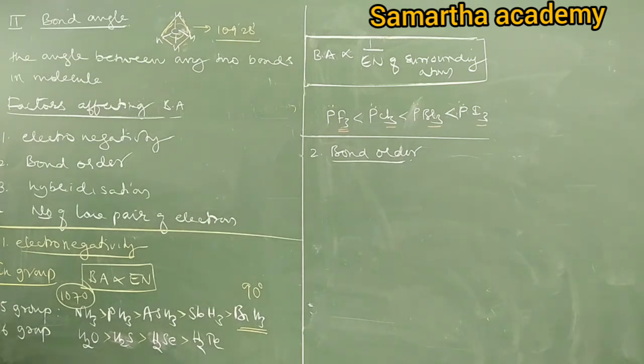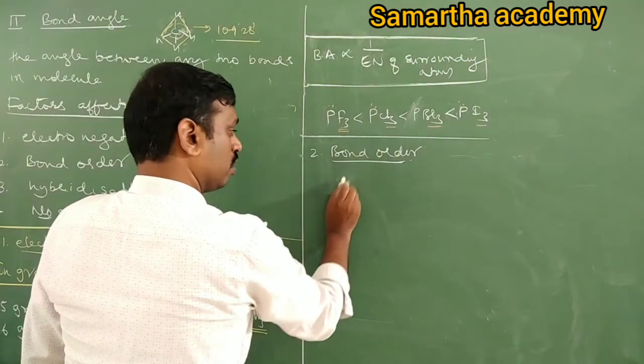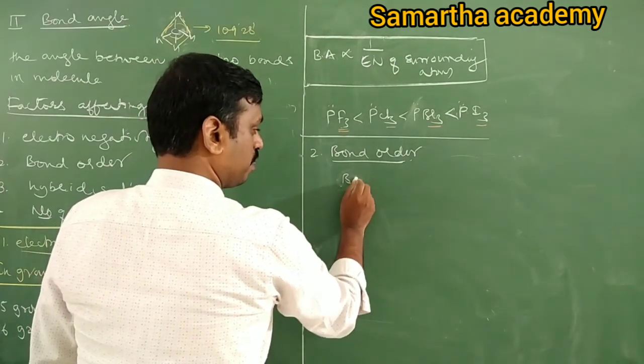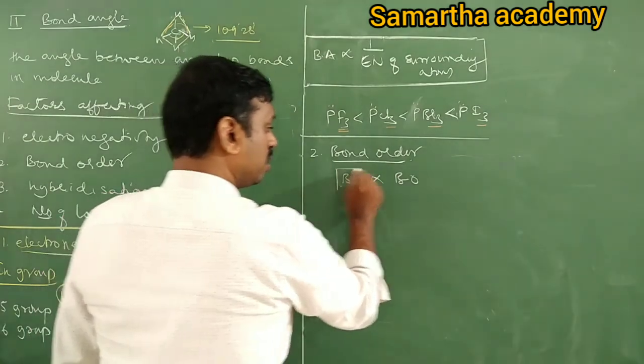Alkane bond angle is 109 degrees 28 minutes because alkane is tetrahedral, alkene is trigonal planar, sp2, and alkyne is linear. So bond angle is directly proportional to bond order or bond multiplicity.